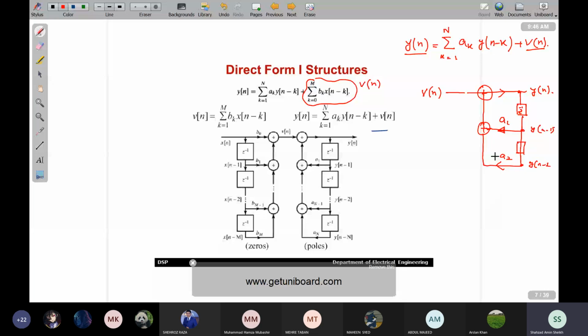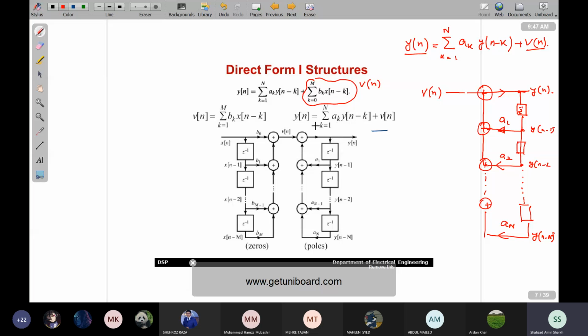Similarly, I will be passing it through delay elements to get y of n minus capital N, multiplying it with a_N, and adding all these terms, and I will be getting this y of n. So that's the portion which is implemented here.